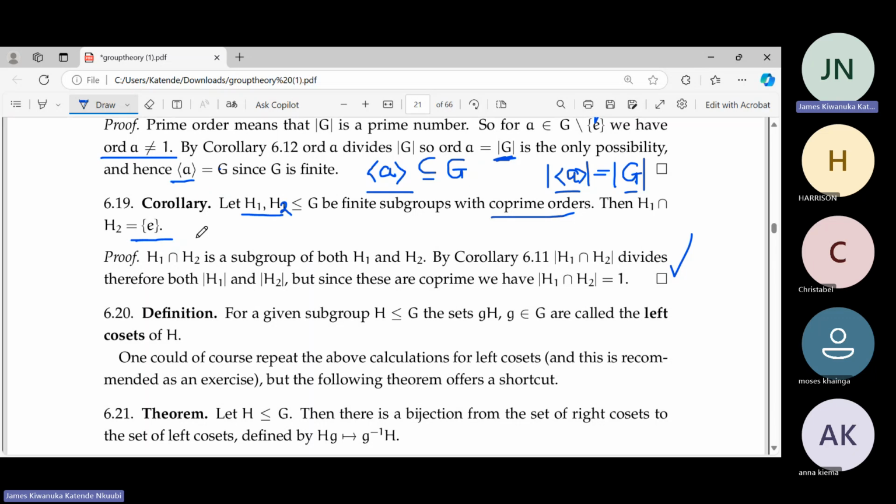And the number of elements in any subgroup must divide the order of the group. In this case, it must divide both the order of H1 and the order of H2, but the only number that does that is 1 because the orders are co-prime. So the number of elements in the intersection can only be 1, and if that is the case, then the only element that can work is the identity.